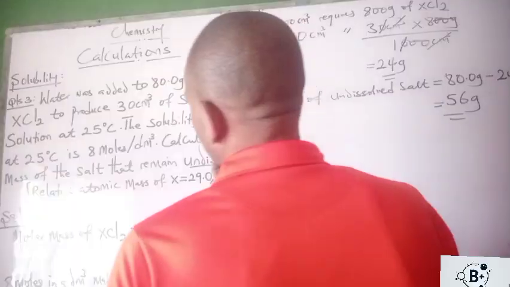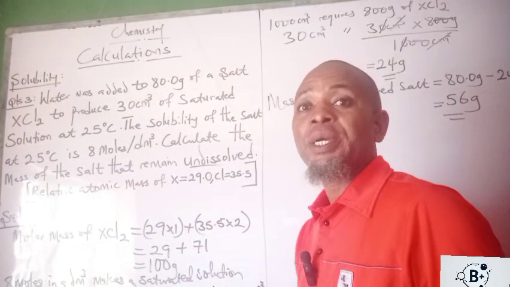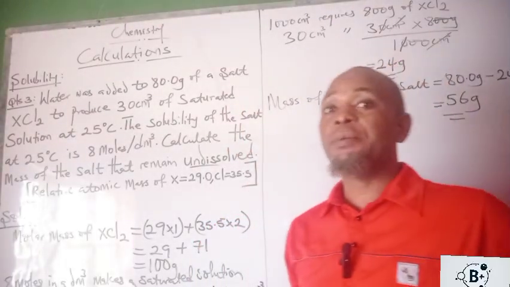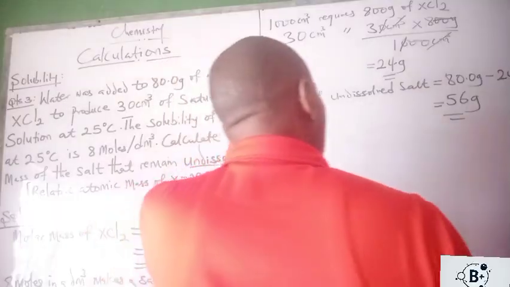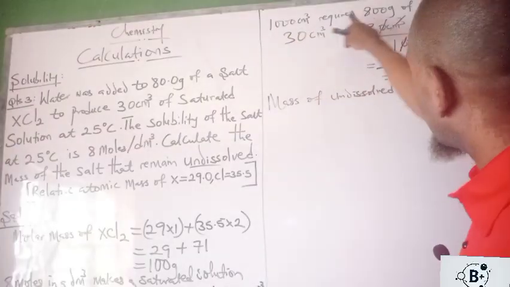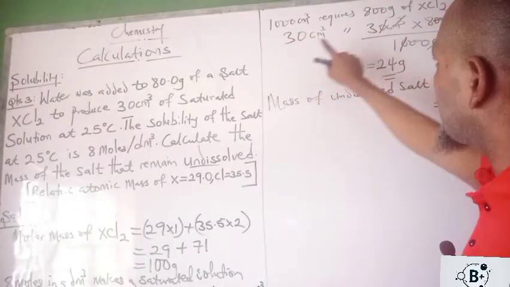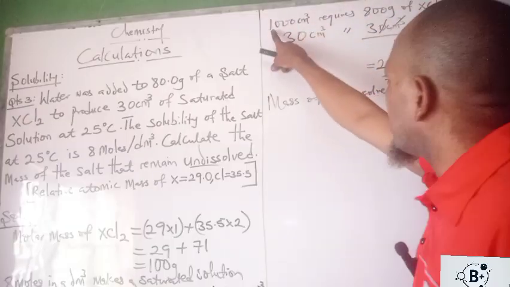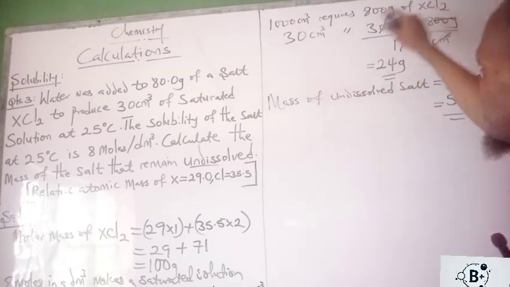That is 1 dm³, because 1 dm³ is equivalent to 1000 cm³. So 1000 cm³ requires 800 grams. That is what it means. So for that 8 moles, it means 800 grams.